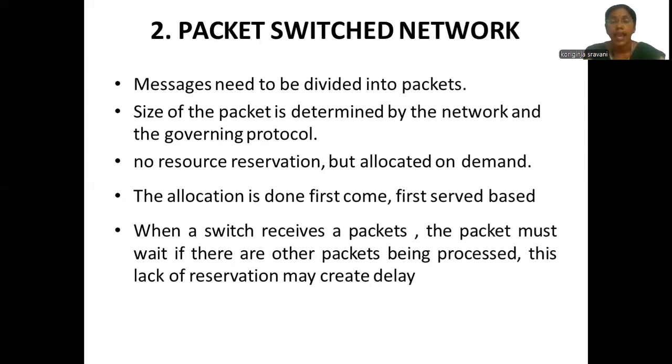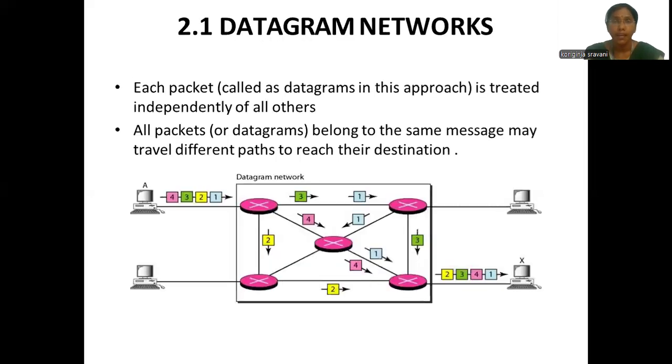So here, lack of reservation may create some delay. In circuit switching, we have done the reservation so that switches will not do any other work. They only do the dedicated work given. But here, reservation is not done.